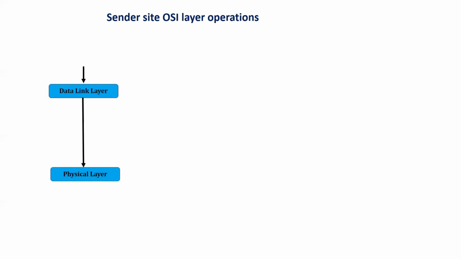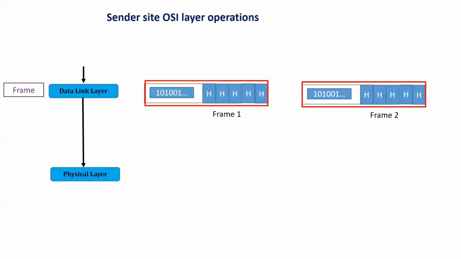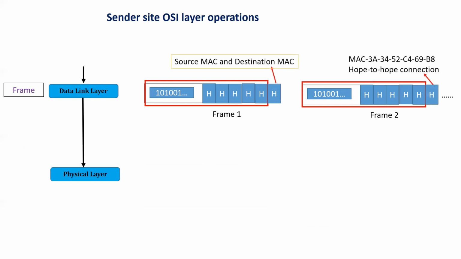The data unit in the data link layer is known as a frame. So this layer is responsible for framing and physical addressing. Basically, all the devices in the world have a unique manufactured address known as the MAC address, which allows hop-to-hop communication. Hop means next device or next node. As I'm in Bangladesh and my friend is in Scotland, he is using the internet from a different network.